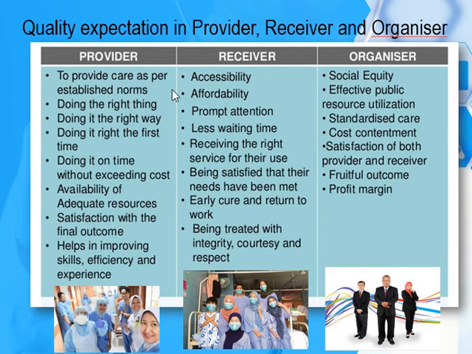Receiver is the patient and their relatives or family, and organizer is the hospital or institution top management. So I hope that you could read it by yourself and please memorize.